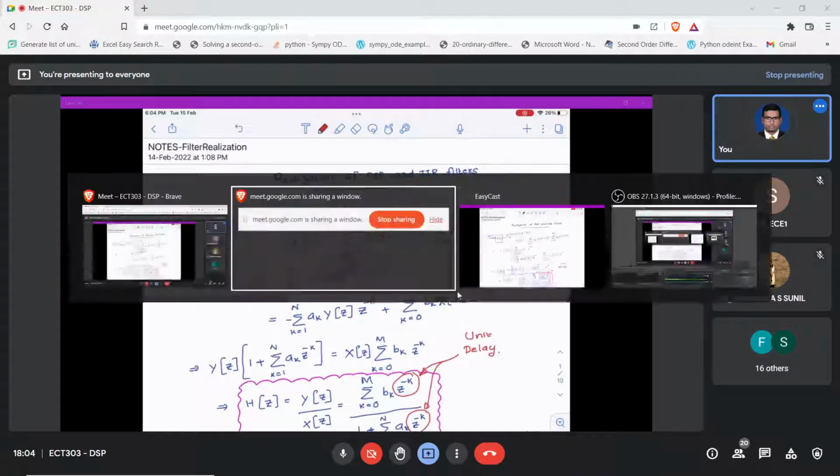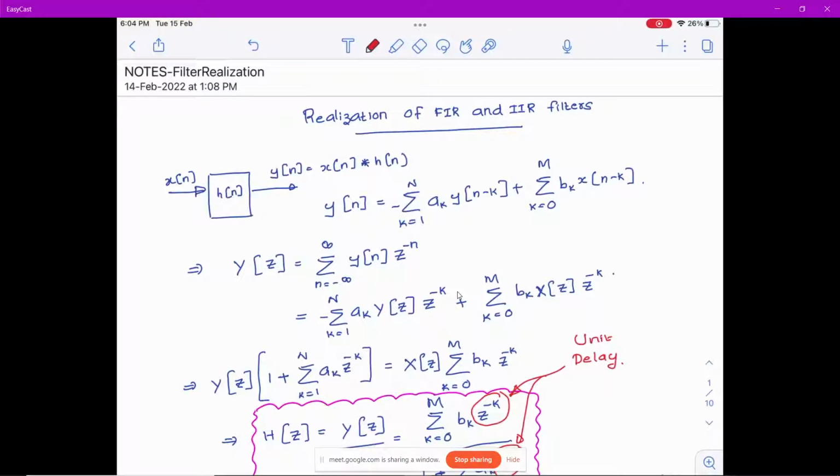Okay. So today we are going to look at the fourth module, which is the realization of FIR and IIR filters.